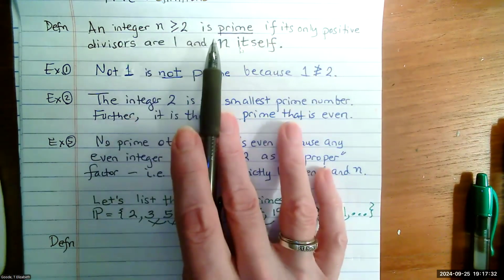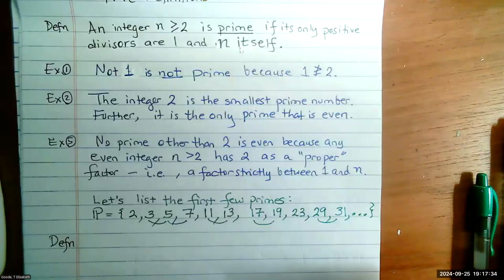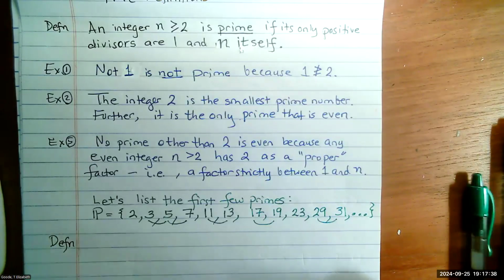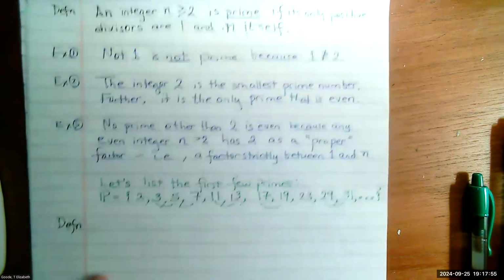Either they're prime or they're not prime, okay? Does anybody know the word that we use for not prime? You'd recognize it if you heard it. Composite. Does that sound familiar? Composite. A number that's not prime is composite.